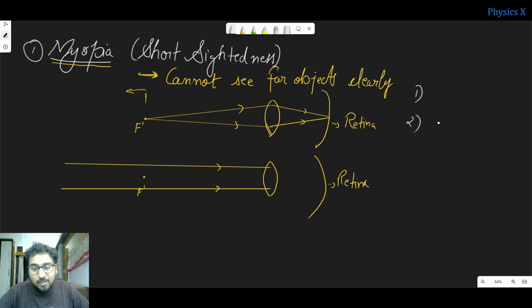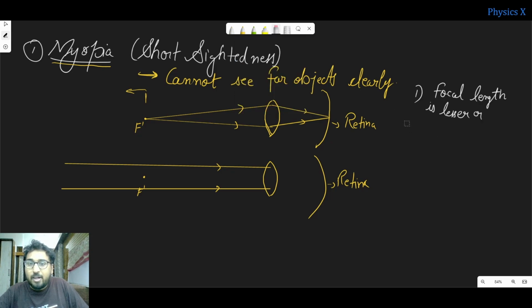The first reason is that the focal length is lesser, that means the converging power is more.